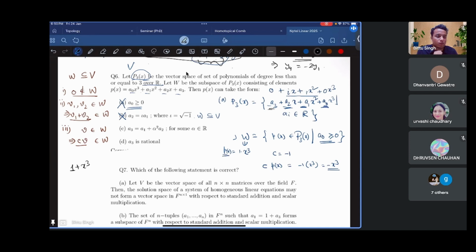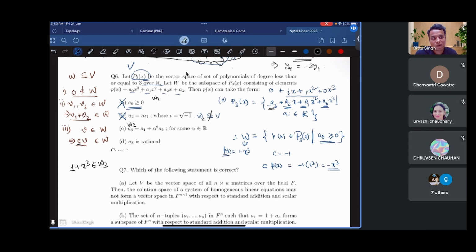So consider this polynomial. Let us rename it as W3. This is W1, this is W2, and this is W3. W2 violates this condition. Now W3 belongs to W3, but it is vectors, it should be a subspace of real numbers. So C should be an element of the scalar field.